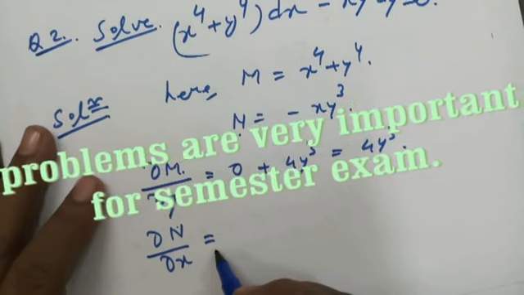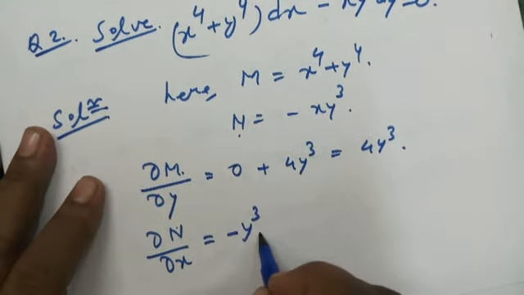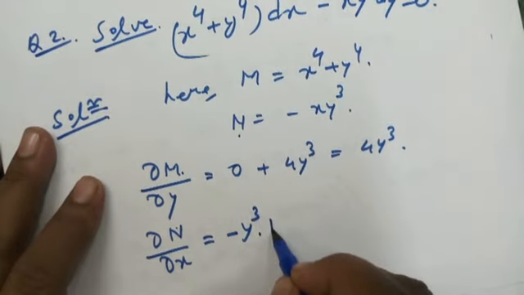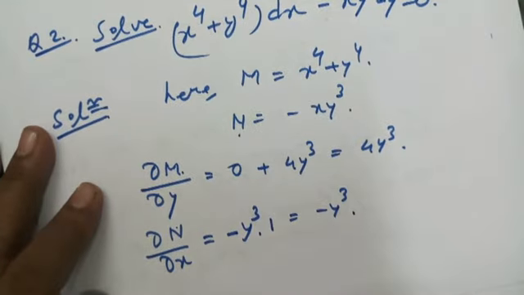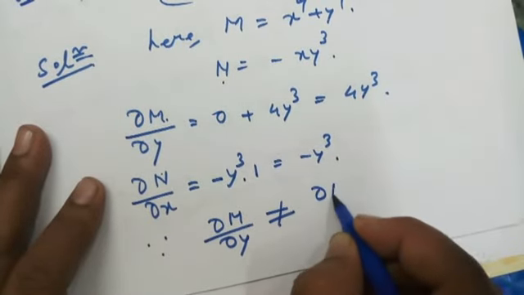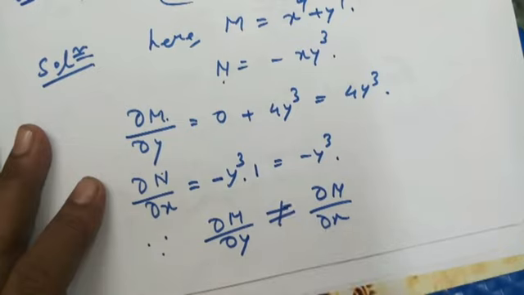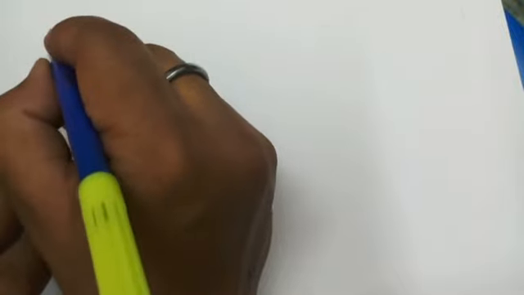Here x is variable and y is constant, so minus y cube as it is, and the derivative of x with respect to x is 1, so minus y cube. Obviously, since del m upon del y is not equal to del n upon del x, the differential equation is not exact.